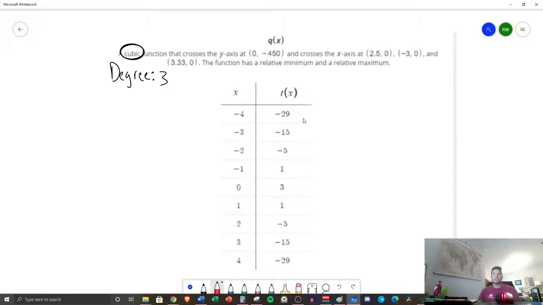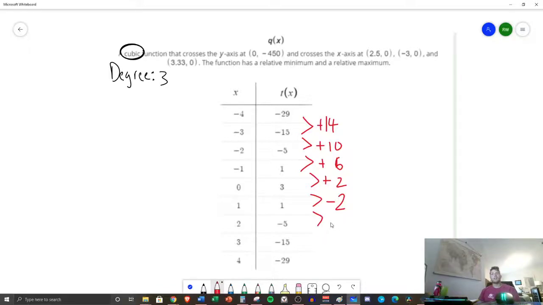So what's happening as I go from here to here? Well, how much I added, so I'm going to say plus 14. Then from here to here, it was plus 10. Here to here, plus 6. Then from here to here, plus 2. Here to here, minus 2.